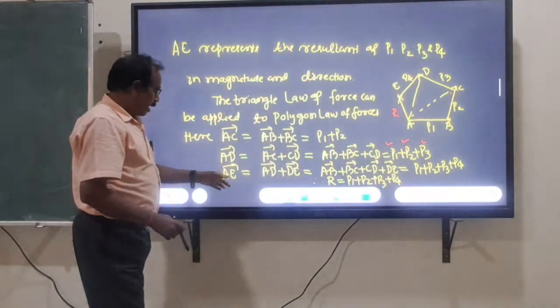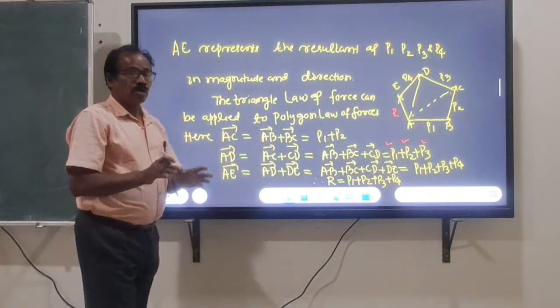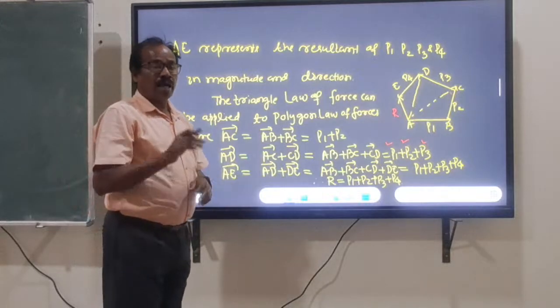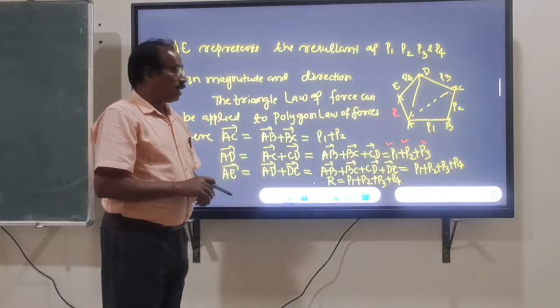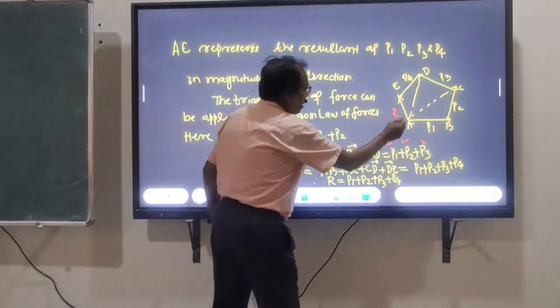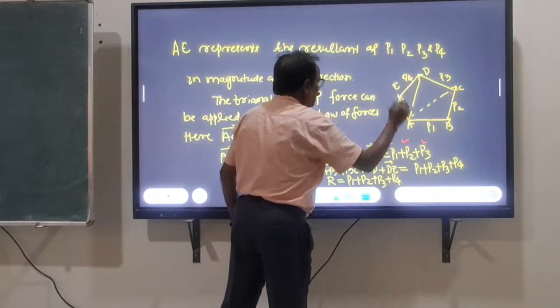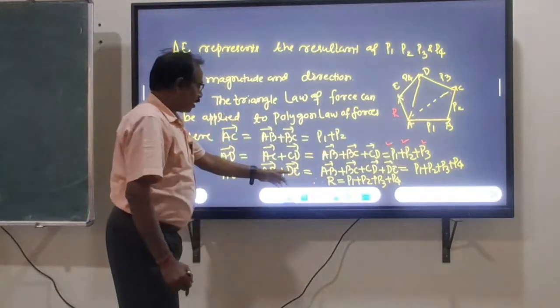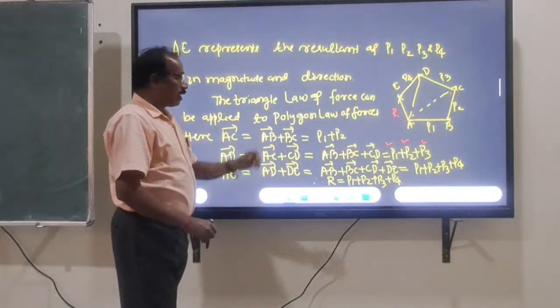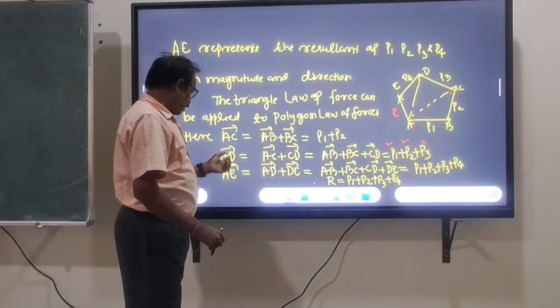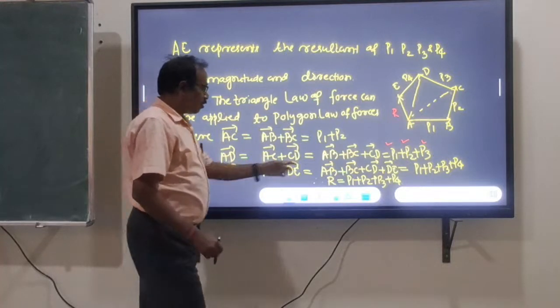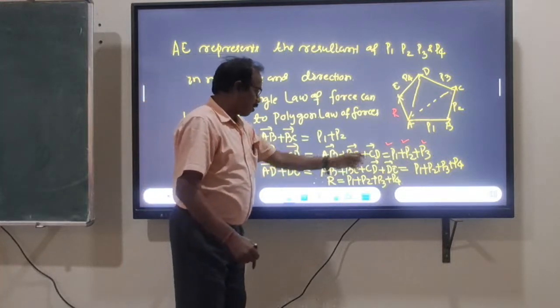Then AE is the closing side of the polygon and it is represented by R. Therefore AE is equal to AD plus DE. AD, we have already derived, is equal to AB plus BC plus CD.